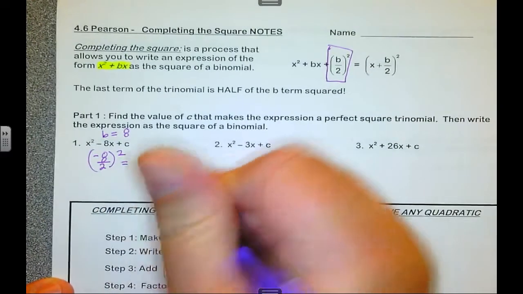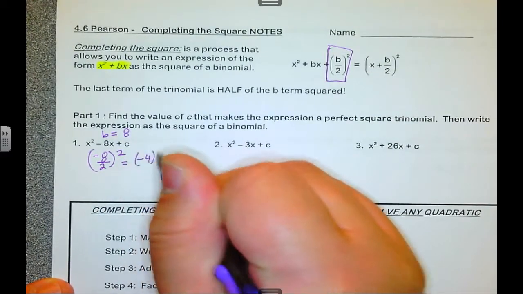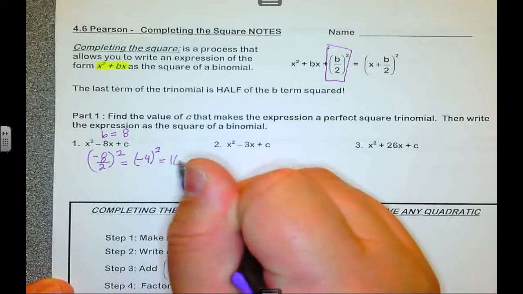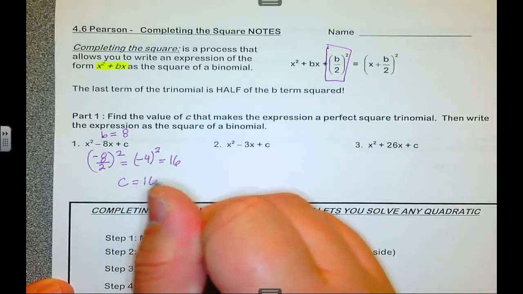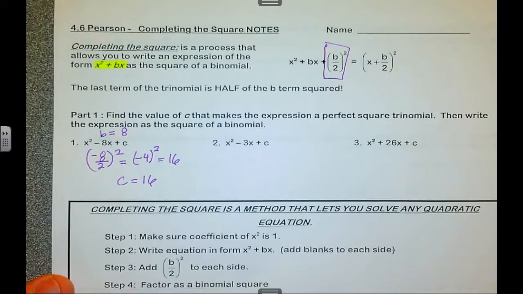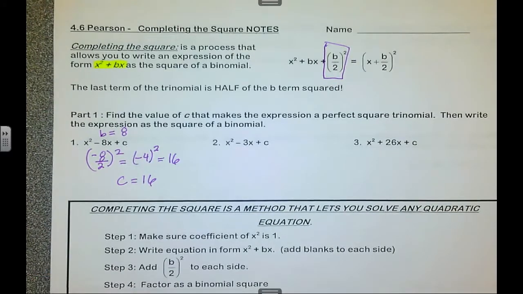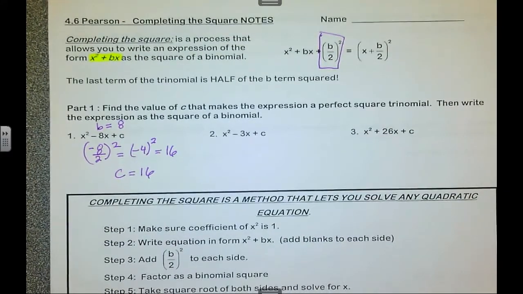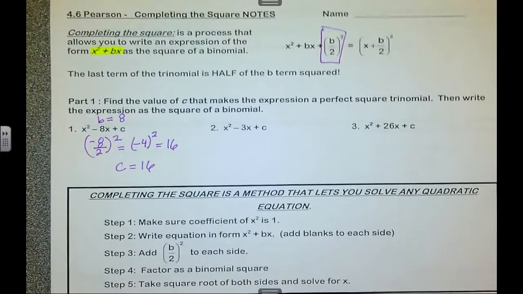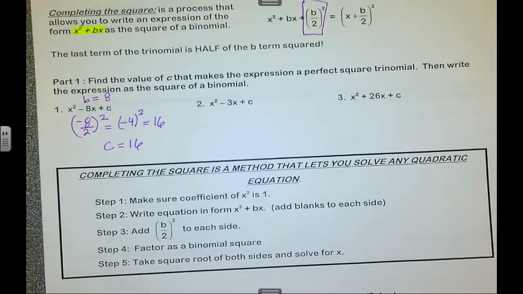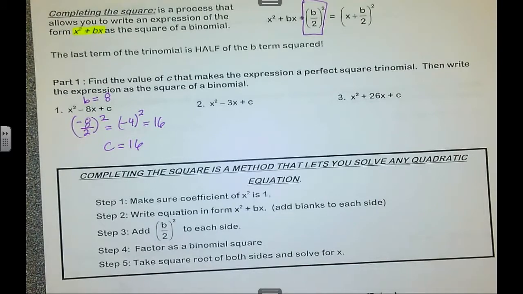So this equals negative 4 squared, which is 16. So my c, or my constant, equals 16. That's what I'm going to add to both sides of the equation. That's like part 1. There's a lot of parts to this because it extends to circles tomorrow.